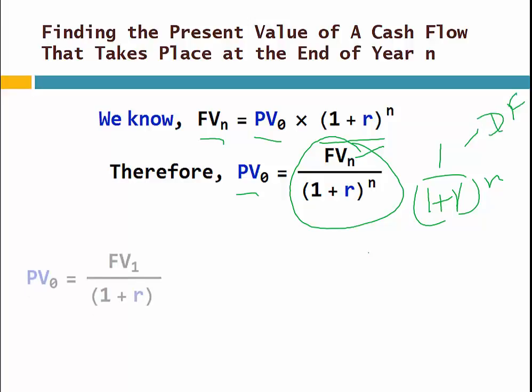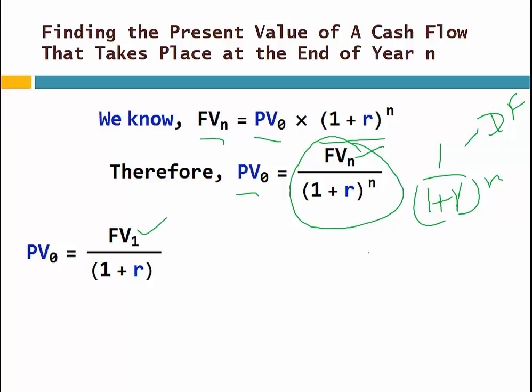So, for example, you know the future value after a year, then what is the present value? You simply divide this future value by 1 plus r, and the power is 1. Next example, if you know the future value at the end of year 2, what is the present value? You simply divide the future value by 1 plus r to the power 2.